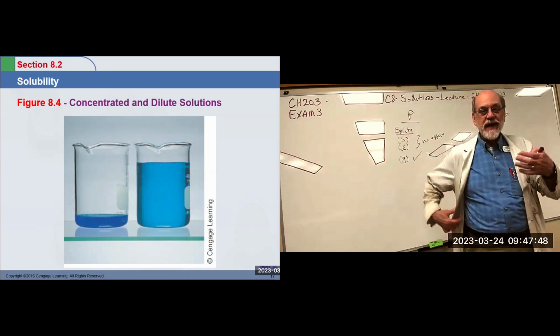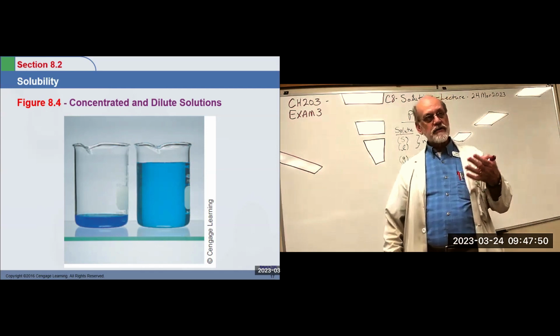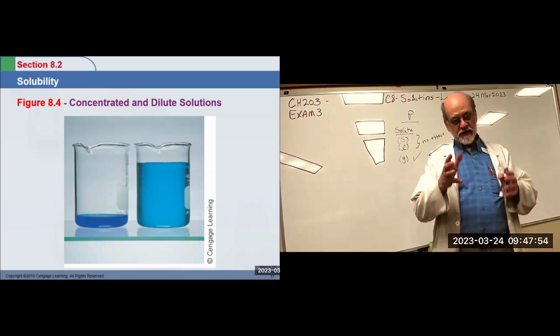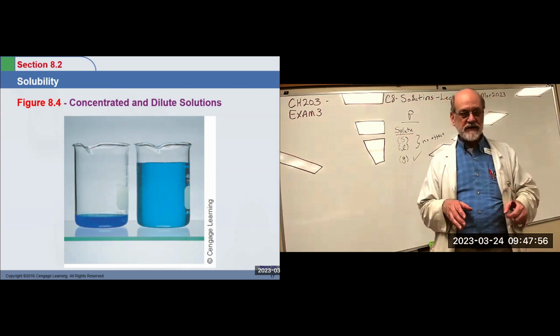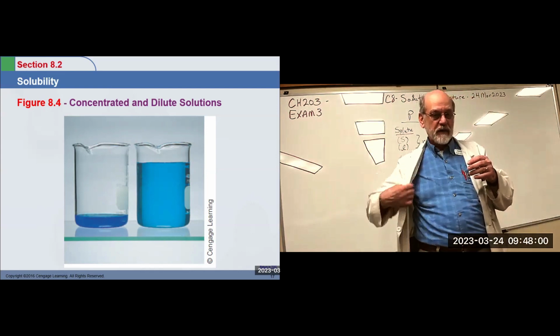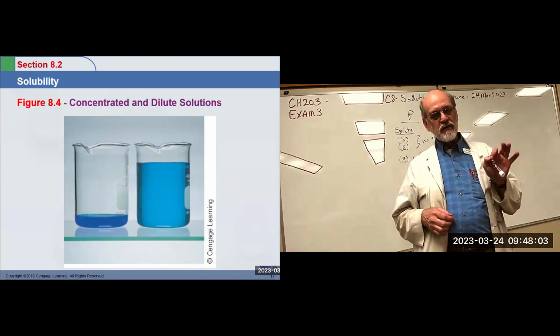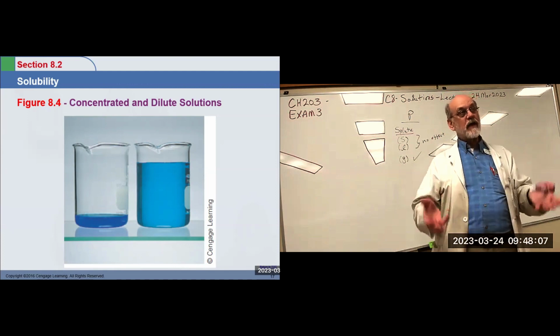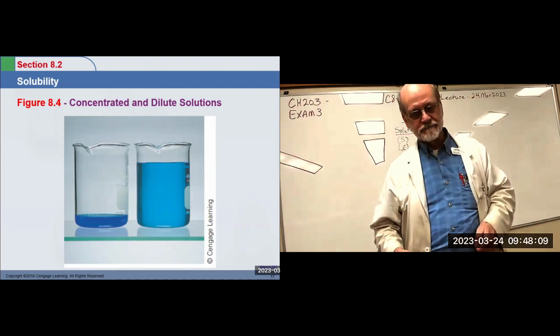If you have the same amount of solute, but you decrease the amount of solvent, then it concentrates. And this slide shows you that the indicator here is a change in color. The color is light blue on the right and dark blue on the left because we've allowed water to evaporate from it.